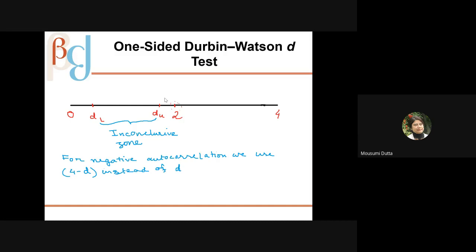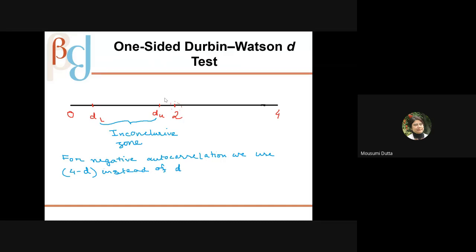So Durbin and Watson prepared a table where they marked two other values, dl and du. dl is the lower limit, du is the upper limit. If the value lies below dl, in that case, high correlation. If the value lies above du, high correlation.